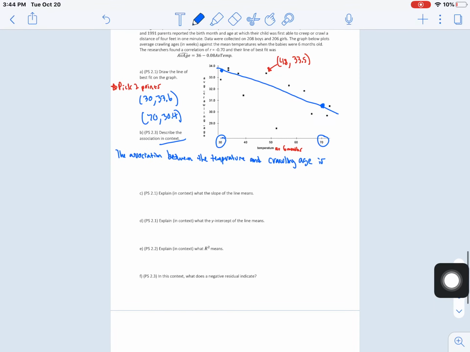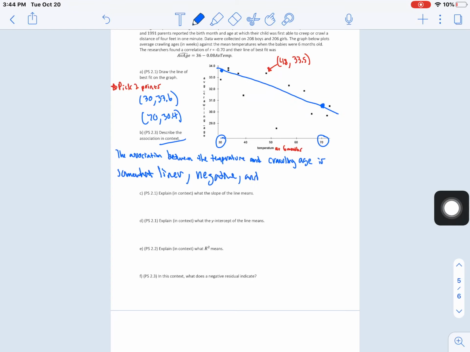Right, this looks somewhat linear. What's the direction of it? Negative. And then how strong would you say this is? I would say moderate in strength. So remember, form, direction, and strength.